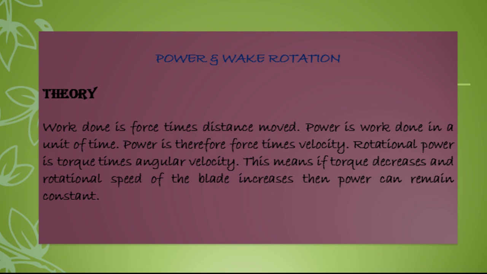To minimize energy losses from the wake rotation, it's desirable to decrease the torque to some optimal value. So if the rotational speed of the turbine is increased, then torque is decreased and the optimal power is extracted from the wind. The optimal speed is determined by the ratio of the wind speed to the tip speed of the blades, ideally around 5 to 7 for utility scale turbines.